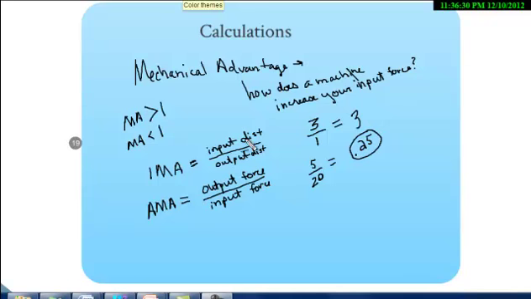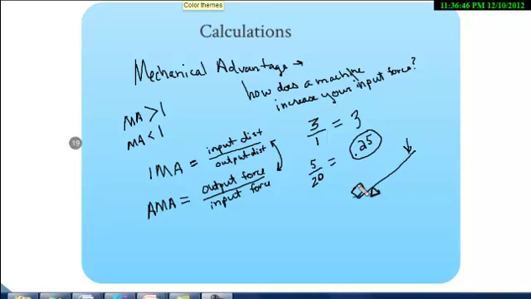So remember, these two are actually flipped. Watch out for that. So for ideal mechanical advantage, the input distance should be larger to have a large mechanical advantage, because you want a large input arm and a small output arm.